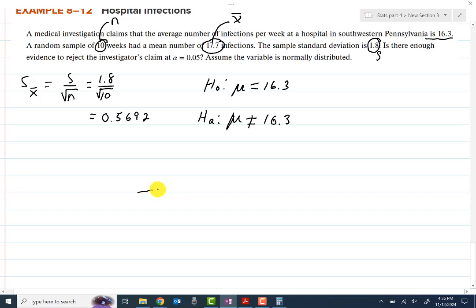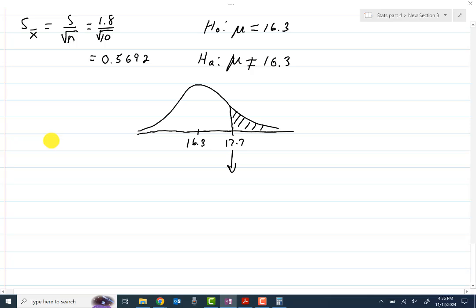Let's draw a picture of the situation. Now our sample mean was 17.7, that's to the right. And there's going to be my p-value. Now, instead of z, we're going to use t. That's going to equal, it's going to look exactly the same as before, except now I'll change that down there to an s.